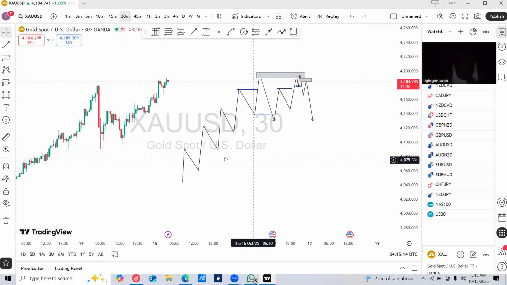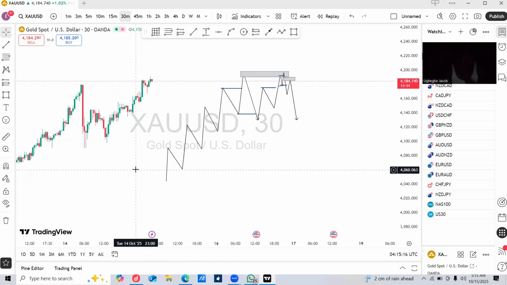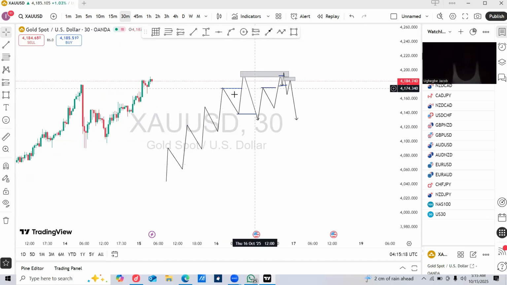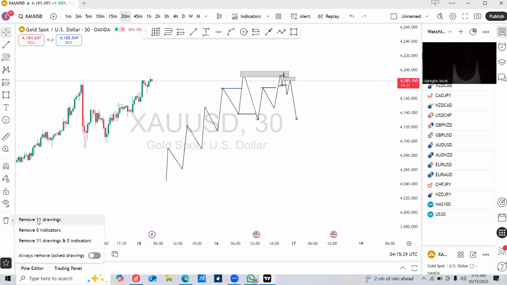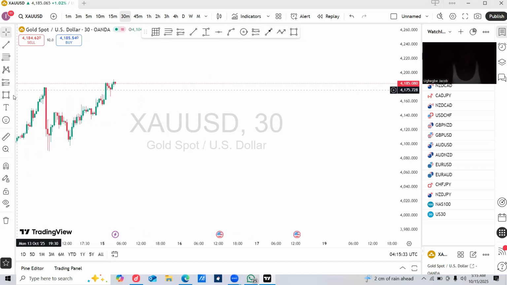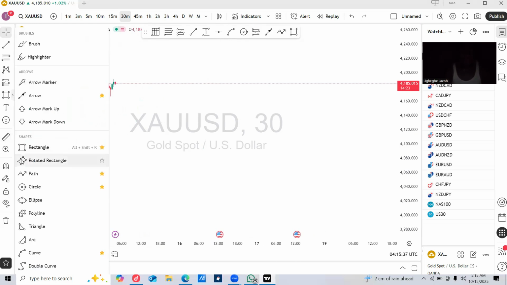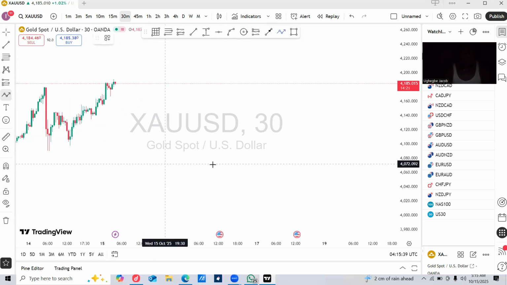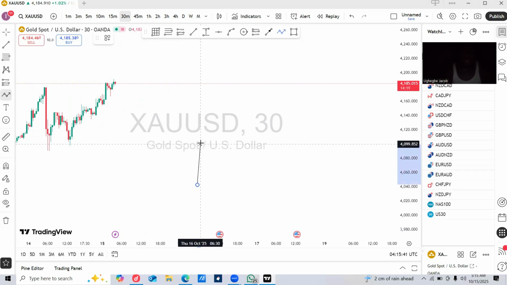Then another thing that you must understand, maybe you are looking for opportunity that the market is creating higher highs and higher lows. You are looking for opportunity to buy the market. First of all, you must look at when the market created highs and the market is returning back.